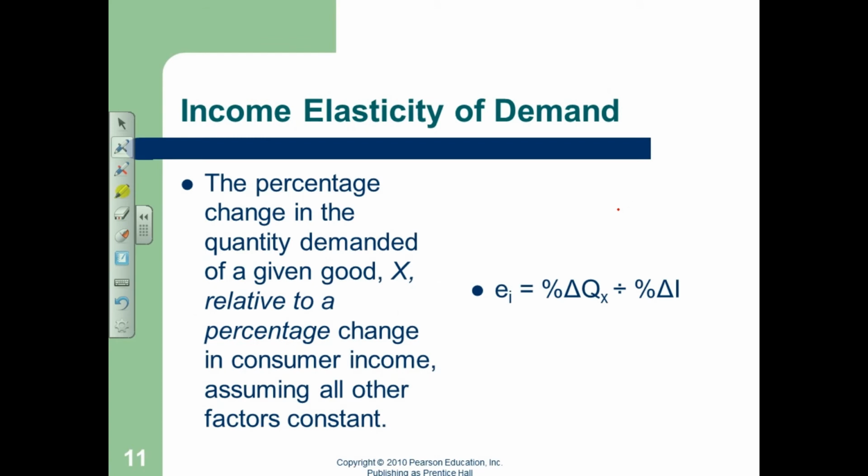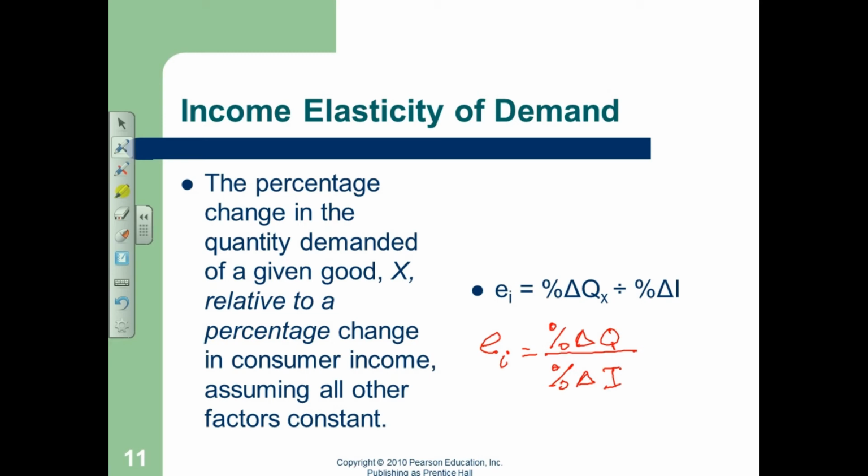We extend this concept of elasticity to income elasticity also. So in this case, you have income elasticity, E_I, defined as percentage change in Q over percentage change in income. So it says if your income goes up by 5%, what would happen to your demand for automobiles, for example?